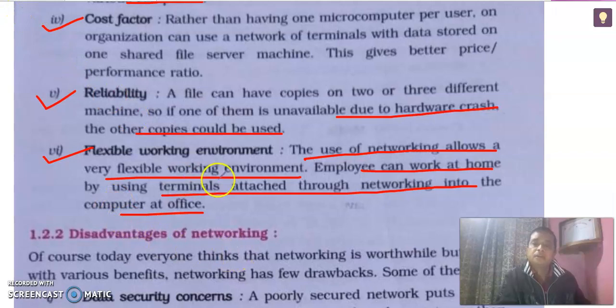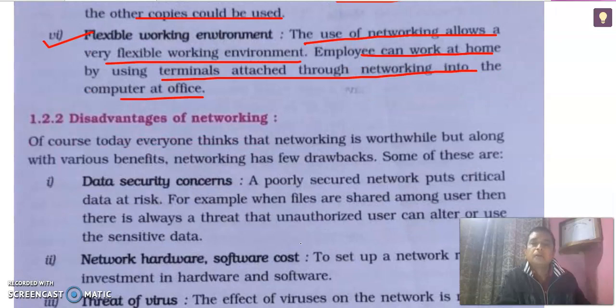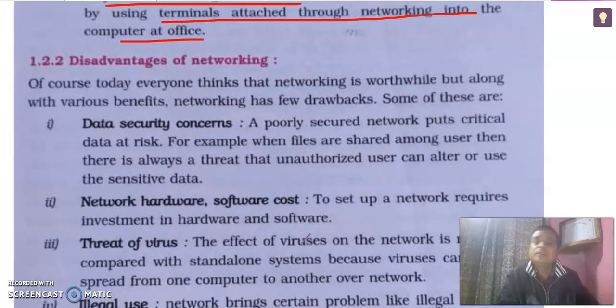Next is the disadvantages of networking. Besides the advantages of network, there are some disadvantages like data security concerns. Once the data is shared in a network, there is always a possibility of security issues.